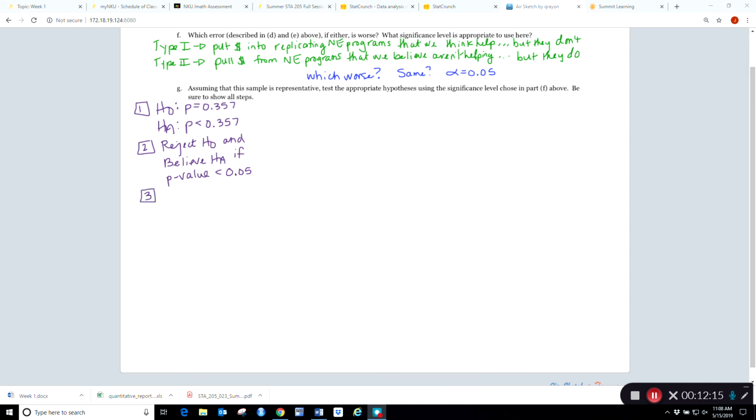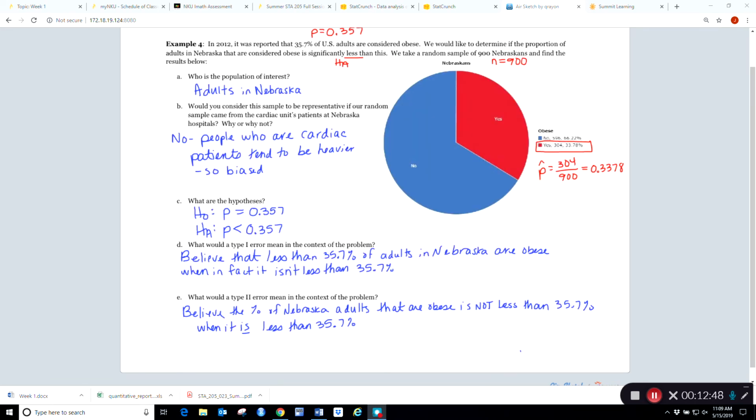Step 3 is sort of when we're on our formula sheet, so it starts with conditions. Now we talked about before that we could have maybe accidentally done our random sample at cardiac patients, but it says here now we're going to assume that they didn't do that and that it is representative. So again, we're assuming that we're doing it okay. Next, we need our n times our p0. So our n was the 900, and that p0 is going to be that 0.357.